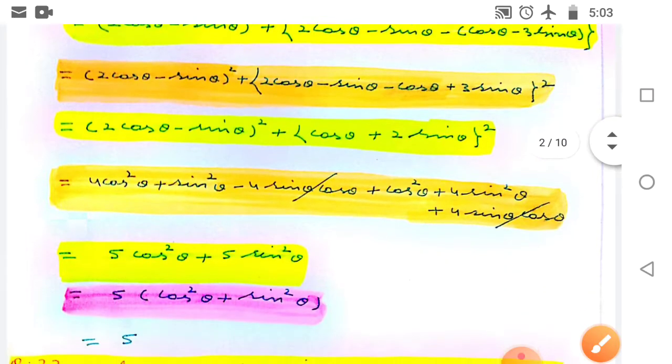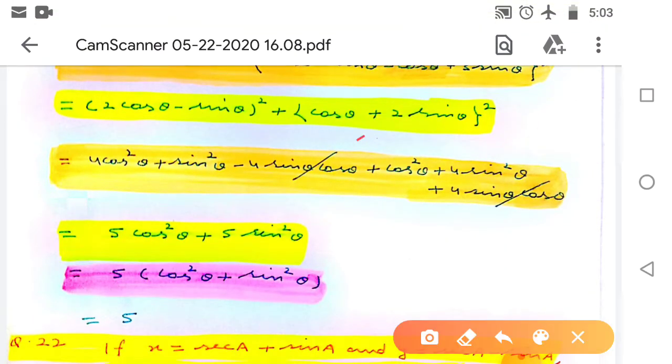Now, when we solve this, minus 4 sin theta cos theta is gone with plus 4 sin theta cos theta, and 4 cos square theta plus cos square theta becomes 5 cos square theta, and sin square theta plus 4 sin square theta becomes 5 sin square theta. You can take 5 common.